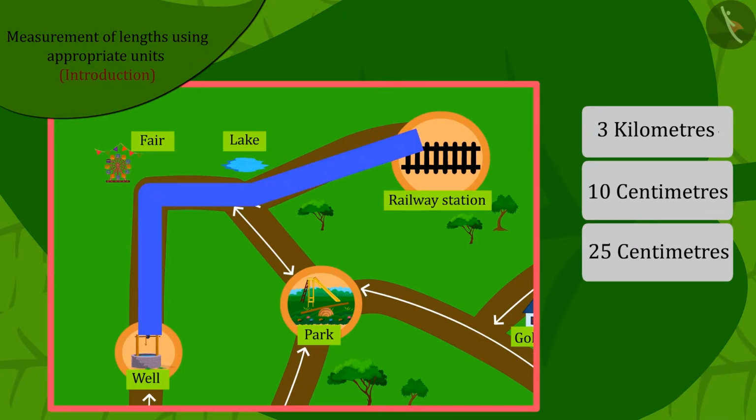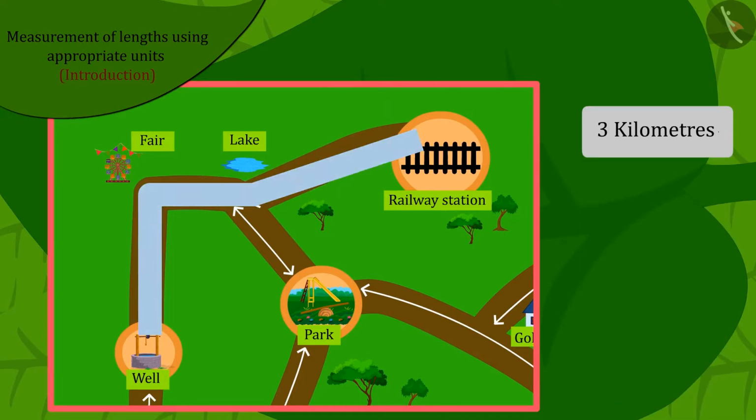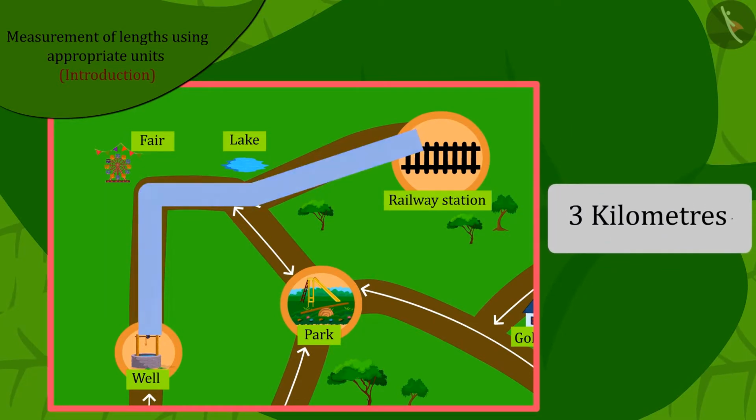Because the distance from the railway station to the well is very long. We cannot measure it in centimeters. Therefore, the distance from the railway station to the well will be 3 kilometers.